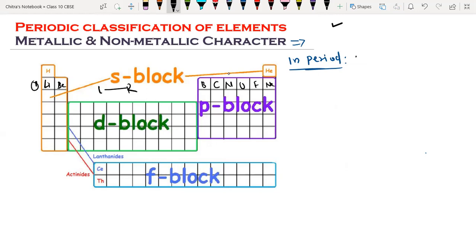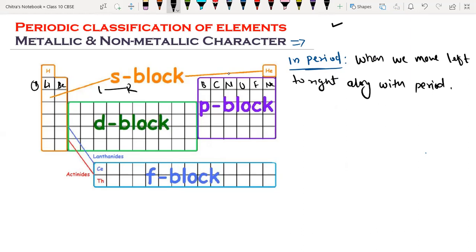So when we move left to right along a period, electrons are added in the same shell.